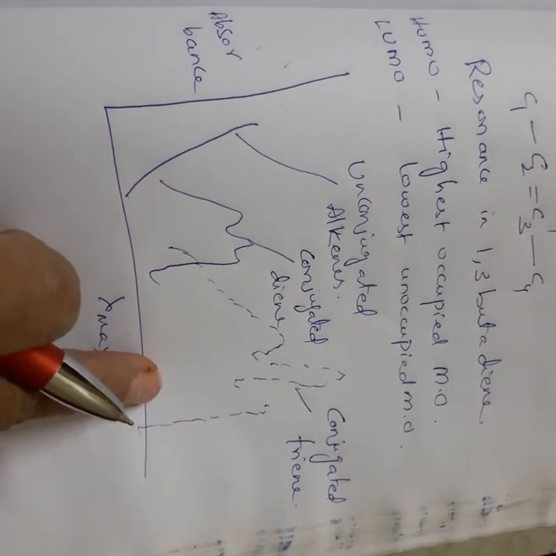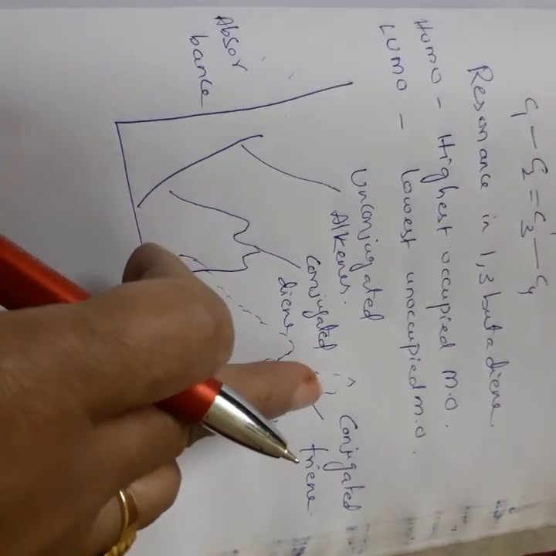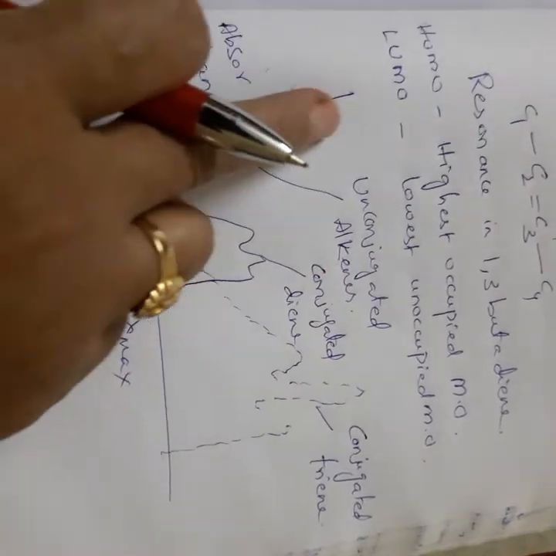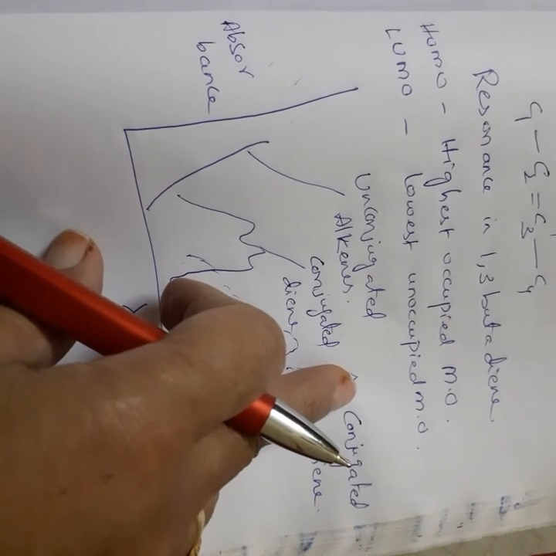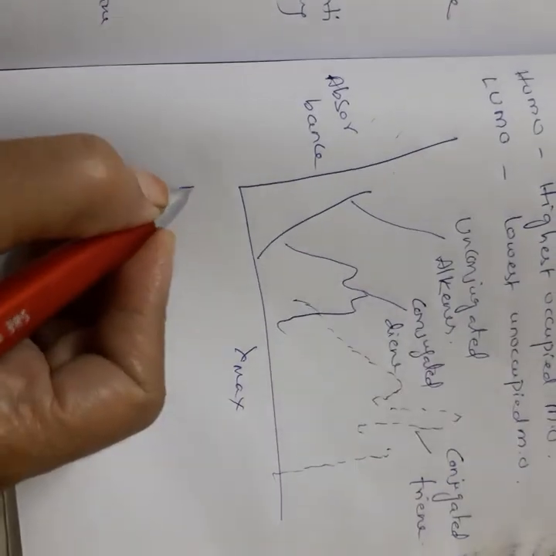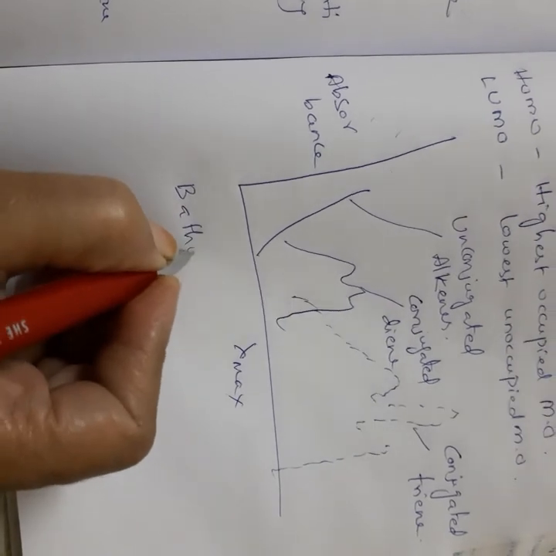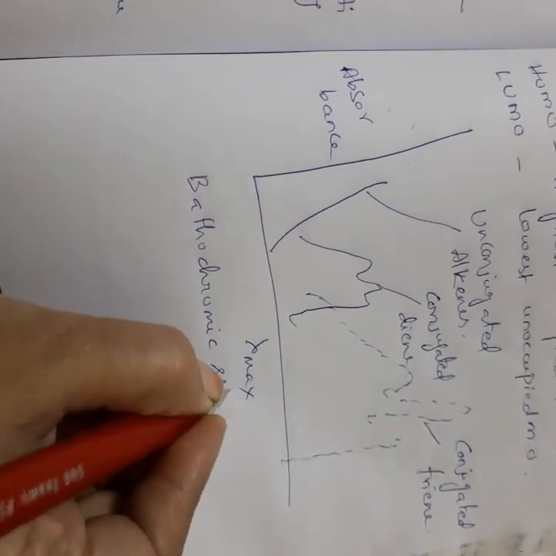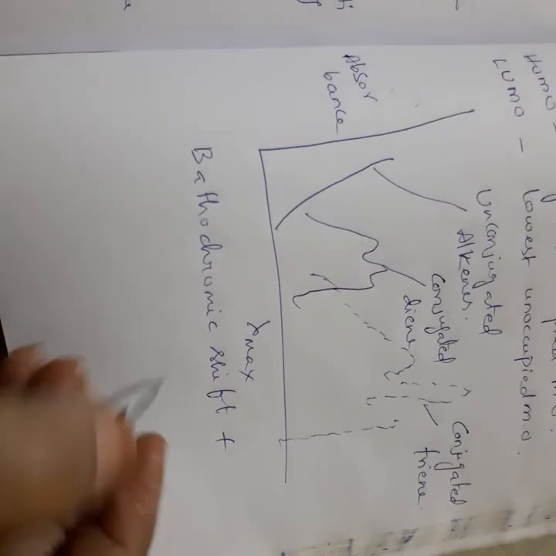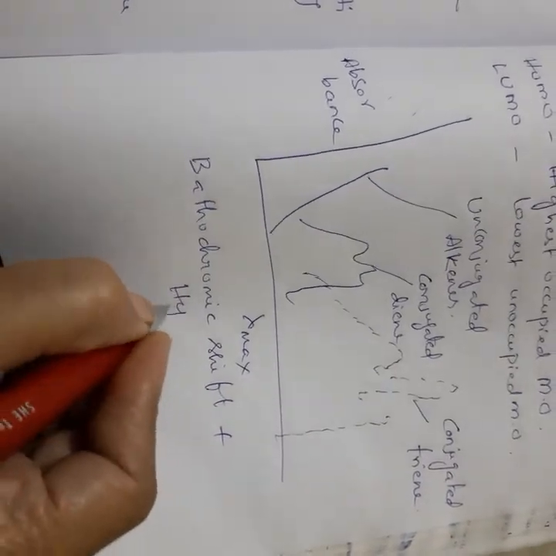And one more interesting point you need to know here is that even the absorbance reading also increased. Means we are simultaneously observing both bathochromic shift as well as hyperchromic effect.